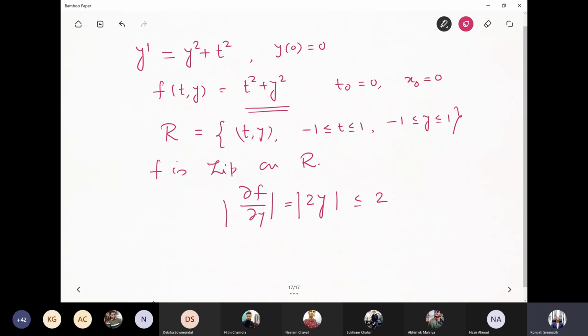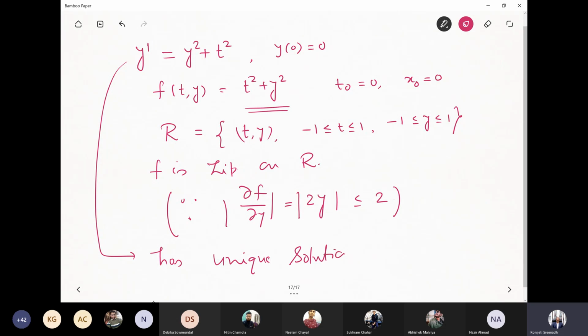Therefore f is a Lipschitz function on R, and such a problem will have a unique solution. The solution can be anything, we don't know, but it has a solution and the solution is unique.